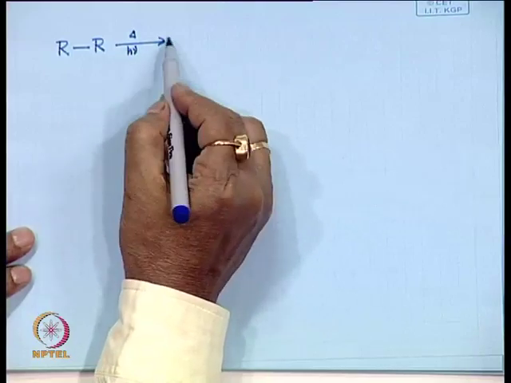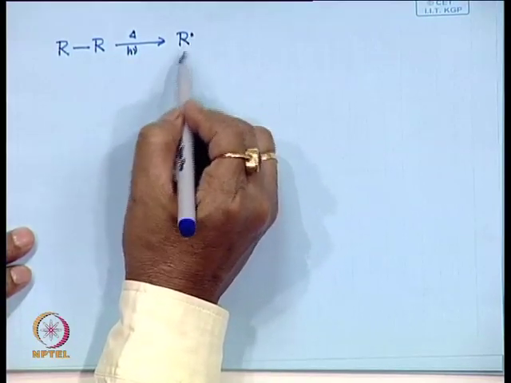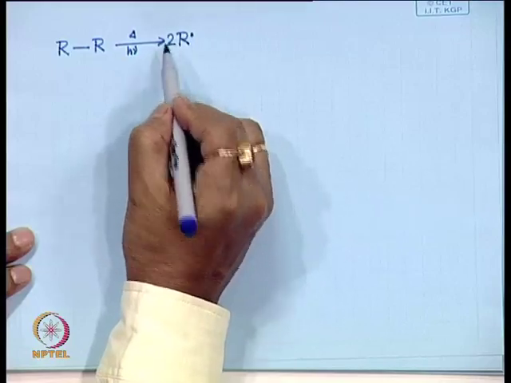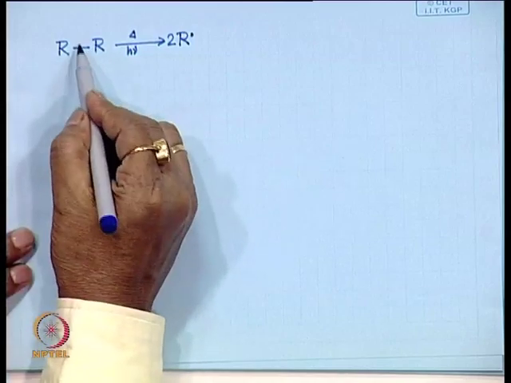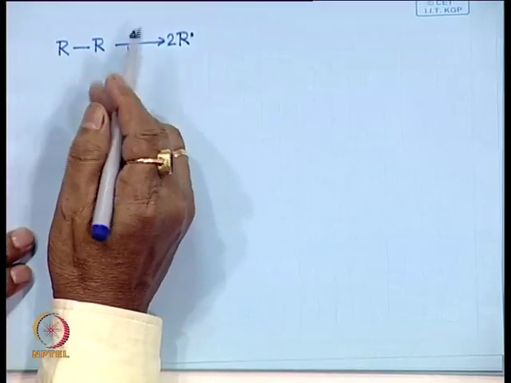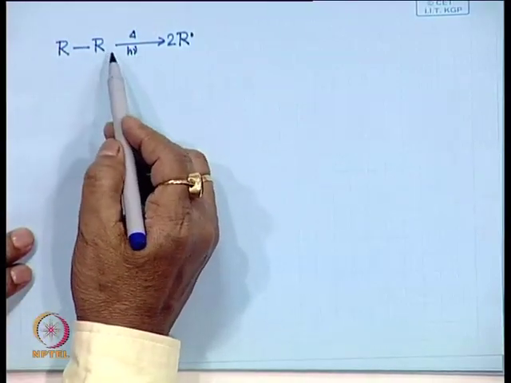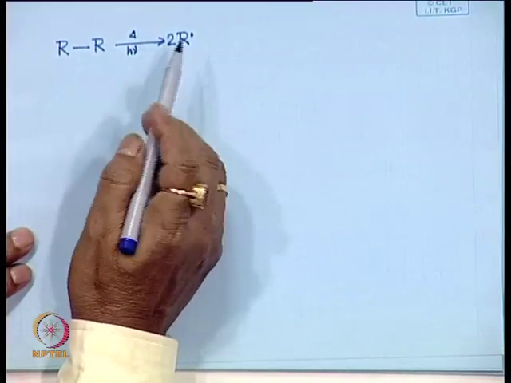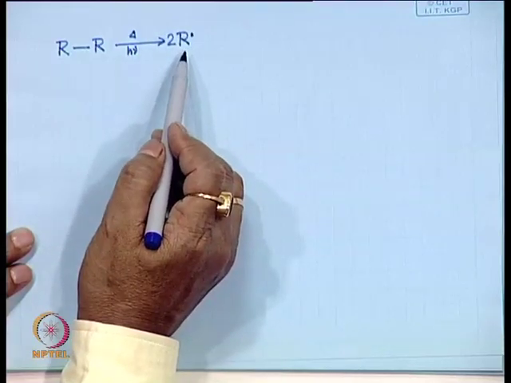So, if that is sufficient, then it will lead to form 2 free radicals like this, 2 R dot, provided these 2 electrons shared by each member are cleaved homolytically. That means, each of them will take their equal share, that is called homolytic cleavage.